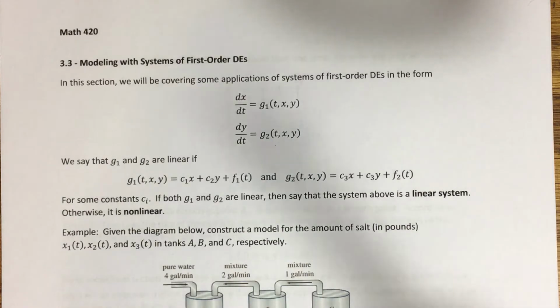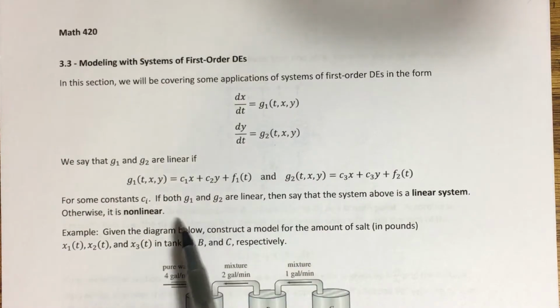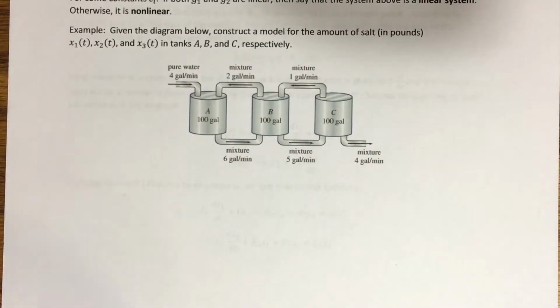Otherwise, we would say that it's nonlinear, okay? That terminology is important, especially when we get to Chapter 8 and we start looking at solution methods for these things. But what we want to do is take some of the applications that we've already talked about and make them a little more complicated. So mixture problems, we're going to start by looking there, okay?